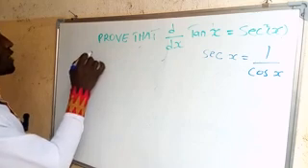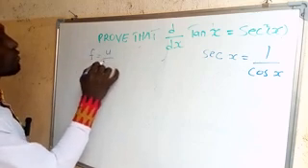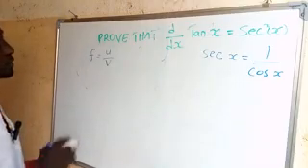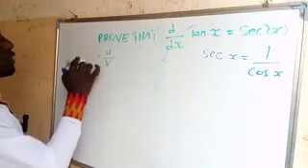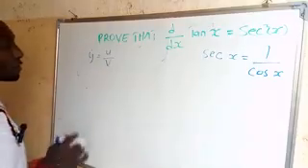When we have y is equal to u over v, of course, this is a quotient function because we have division here.